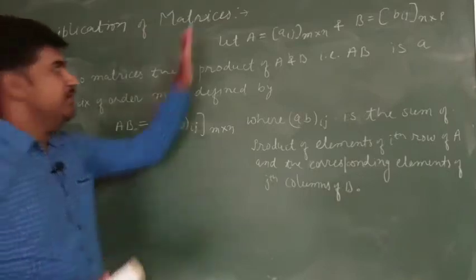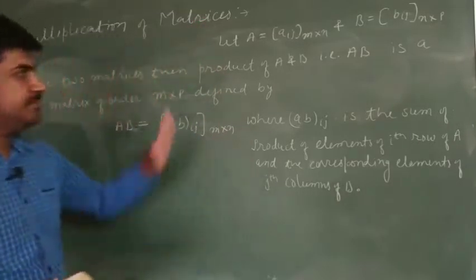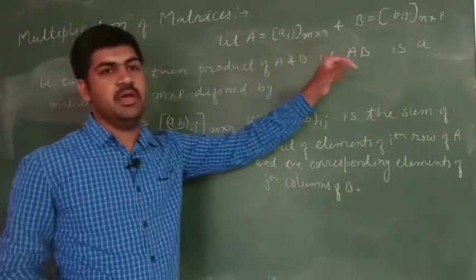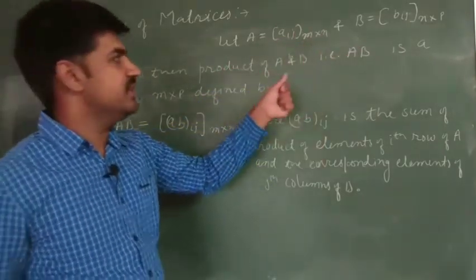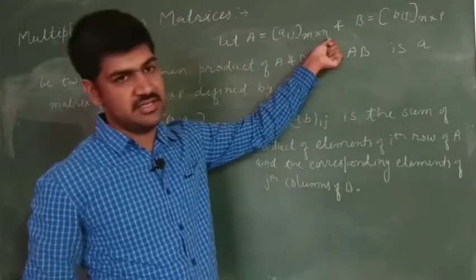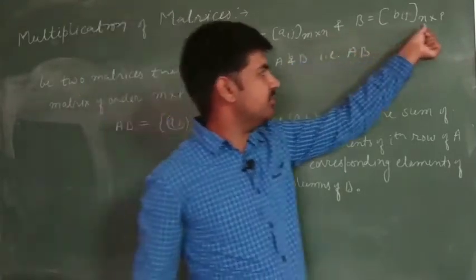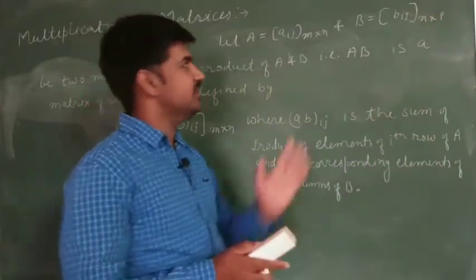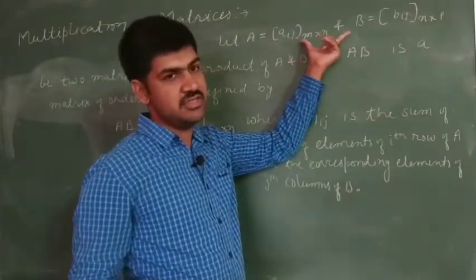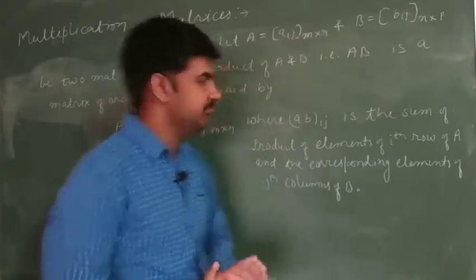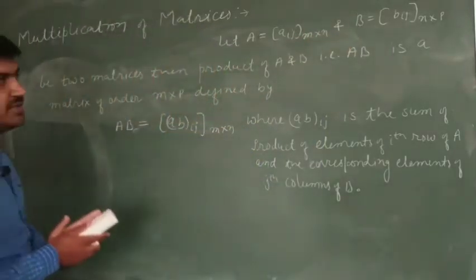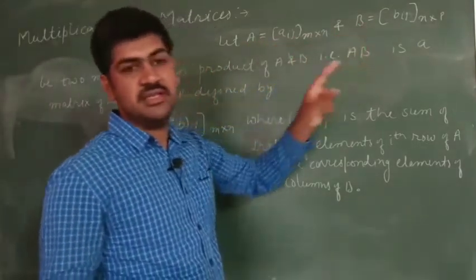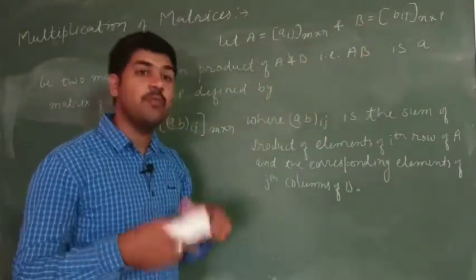Here once again I am telling you what I have written just now. I have taken two matrices A and B such that the number of columns in the first matrix, that is A, is equal to the number of rows in the second matrix, because I am to multiply both of these, and the multiplication of these matrices is only possible for this condition. Now the product of these two matrices is a matrix of what order?